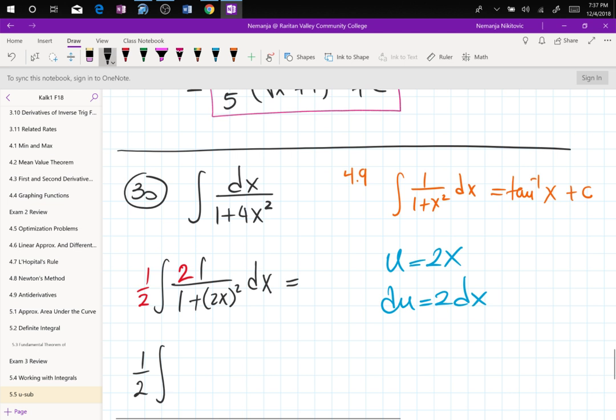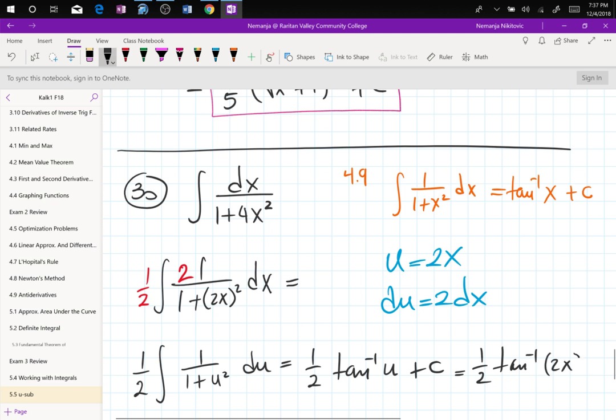Now I have 2 dx, that's going to be du. I have 1 over 1 plus u squared du, which is 1/2 inverse tangent of u plus c, which is 1/2 inverse tangent of 2x plus c, as you have foreseen.